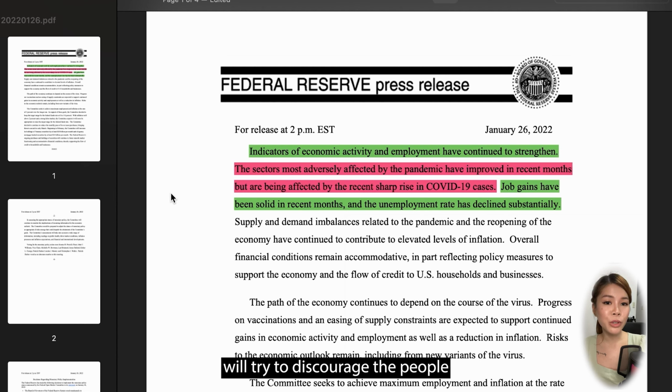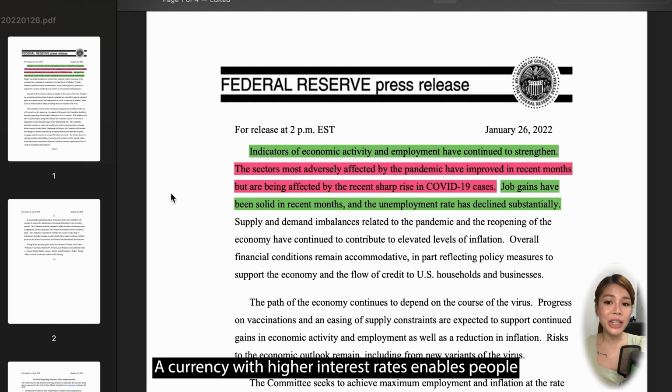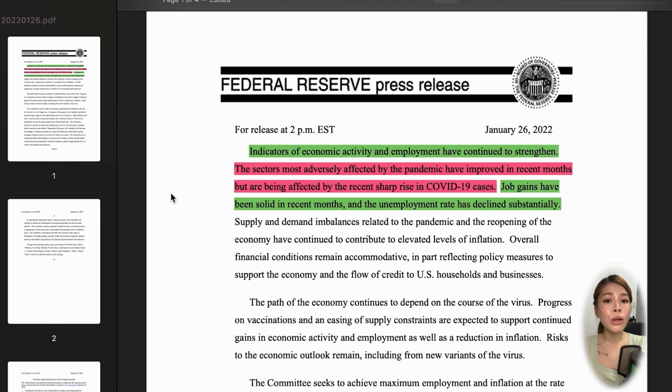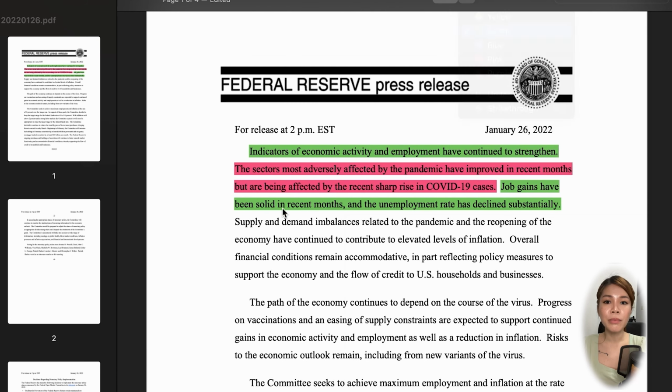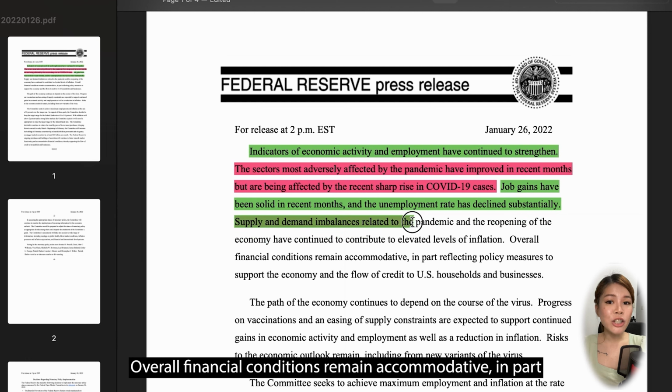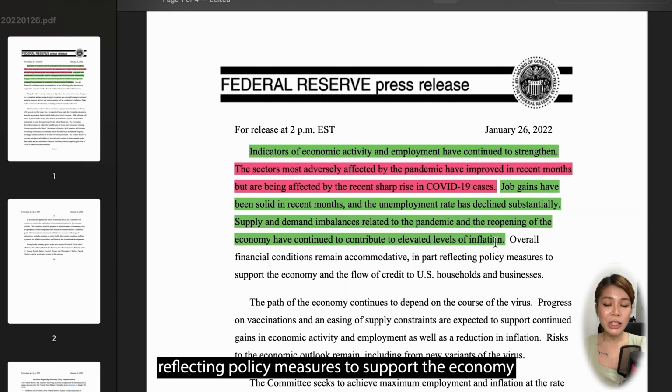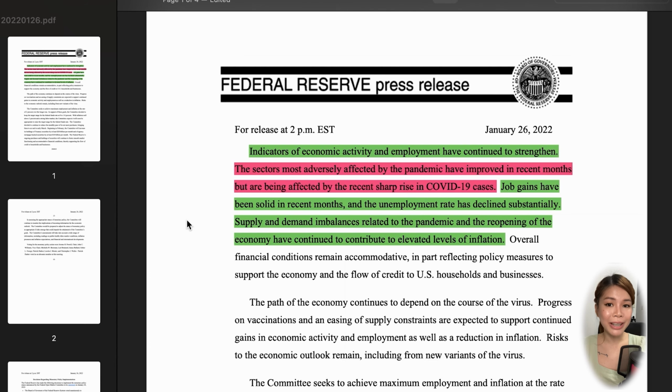The central banks will try to discourage people from spending by raising the rates. This makes borrowing more expensive and saving money in the bank more rewarding. A currency with higher interest rates enables people who own the currency to earn more, giving it more value. This is positive.